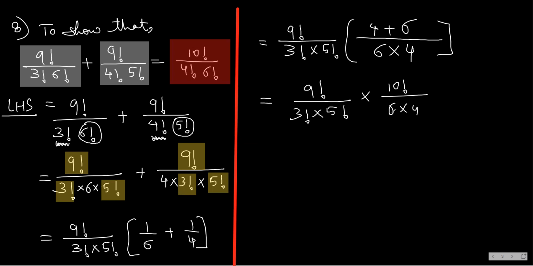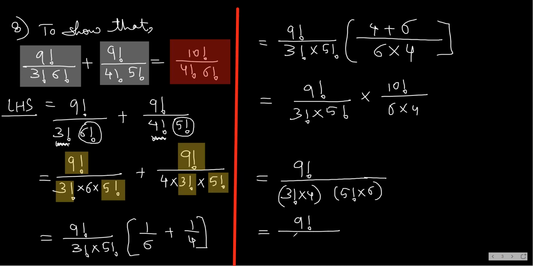Now, this 6, you write with 5 factorial, and this 4 you write with 3 factorial, in the next step. So see, what do I get? I get 9 factorial upon 3 factorial into 4 in one bracket, and 5 factorial into 6 in another bracket. Now 4 into 3 factorial is 4 factorial.